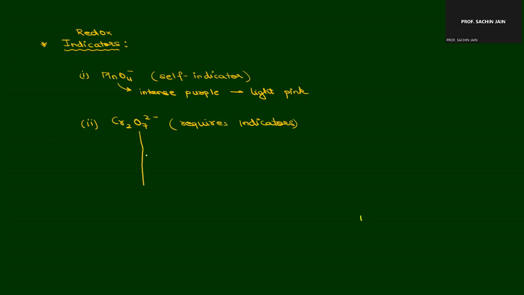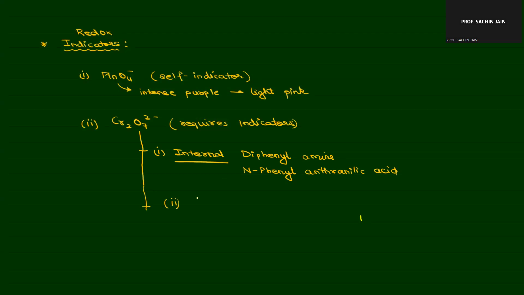So for them, we have two main types. The first one is internal indicator, and examples of internal indicators are diphenylamine or N-phenyl anthranilic acid. They are the internal indicators which are used in the dichromate titrations mainly.